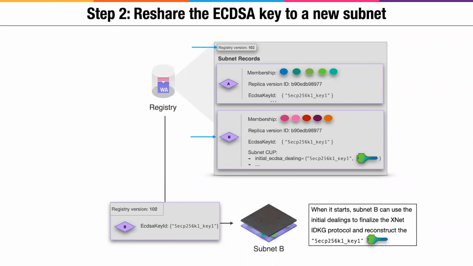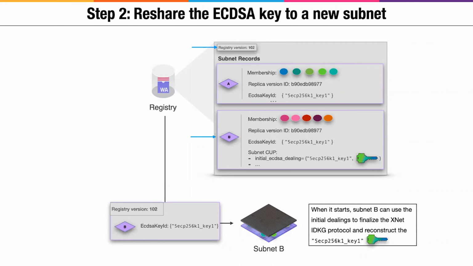So at this point, we have key material on the Internet Computer. However, we still do not have signing enabled on the Internet Computer. One way to achieve that would be that any subnet that holds this key could answer this request. However, if you want to have a backup for the subnet, maybe we want to shield this subnet a bit more, so we don't want to send signing requests to the subnet.